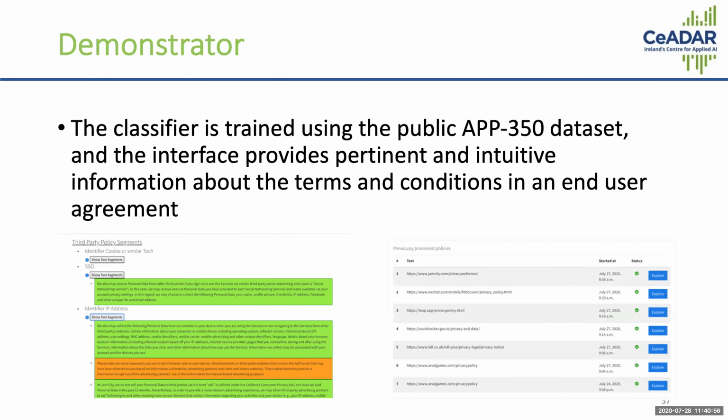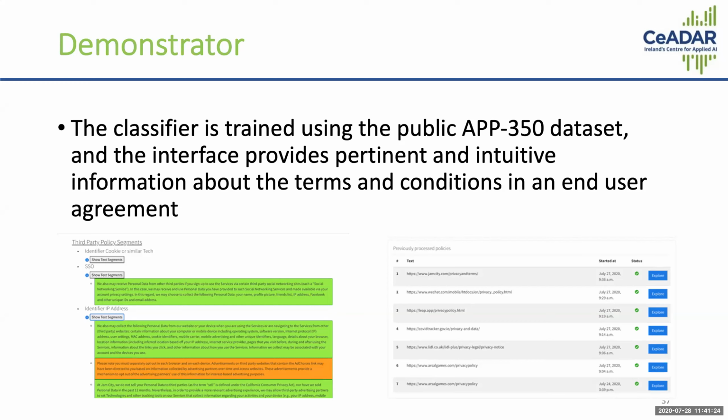The classifier in the Demonstrator that we've developed is trained using a public data set called the App 350 dataset. This is 350 example end user agreements, which have been professionally marked up by legal experts. So they're labeling the data to allow the training of models on this. It's a public data set, and we've trained our own prediction models based on it.